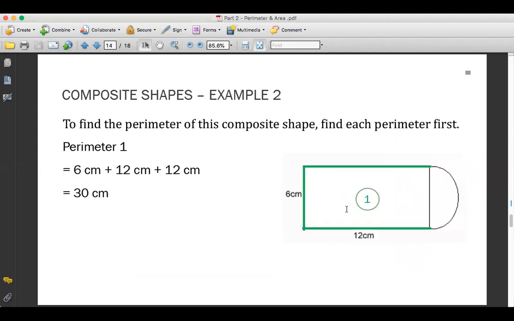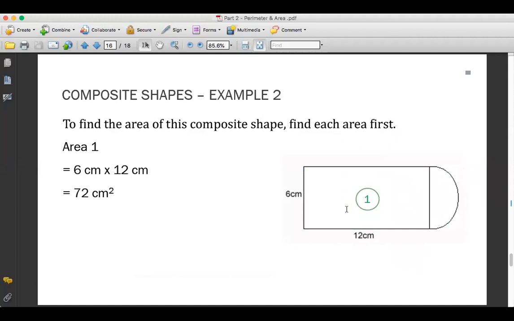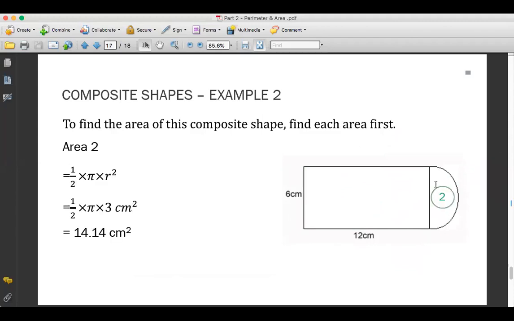Going down to the area, the area of shape 1 is 6 times 12, 72 cm squared. The area of 2, which is the semicircle alone, is half times pi times r squared, where your radius is 3 cm.